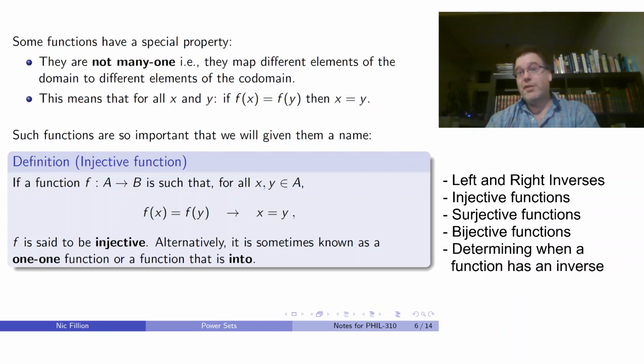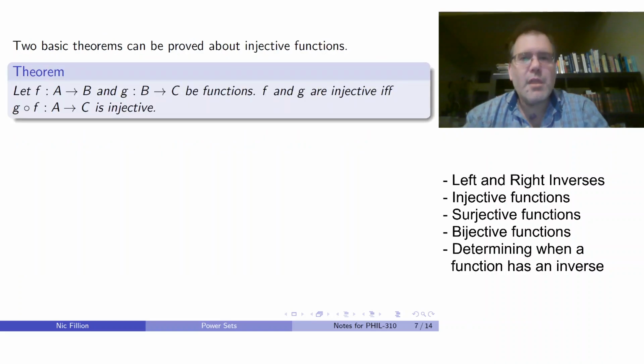Now, the reason I've introduced that concept here is to connect with what I said we were going to do before. We're going to try to reduce the problem of figuring out if a function has a left inverse or a right inverse to something else. And that's what we turn to now. So here's the first theorem that we have about injective functions.